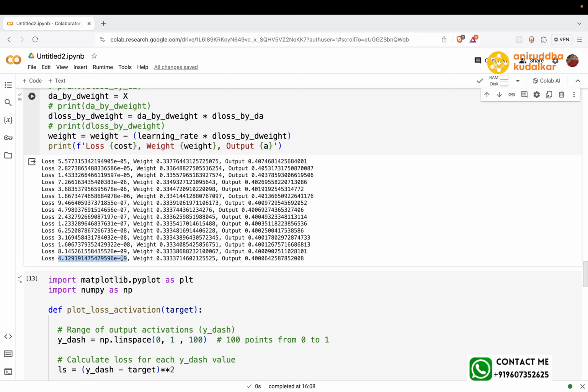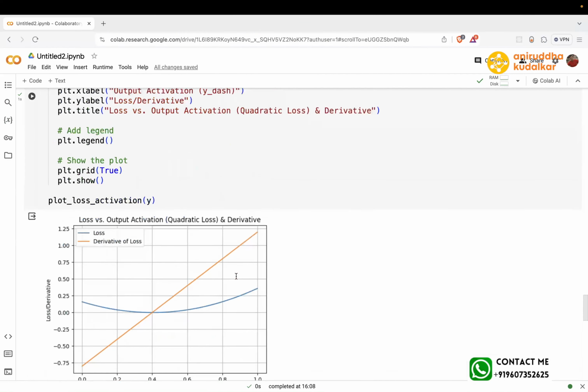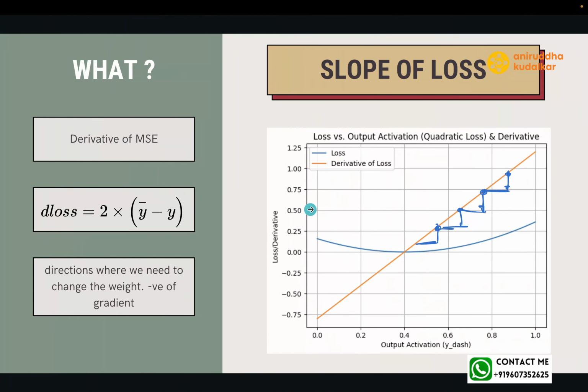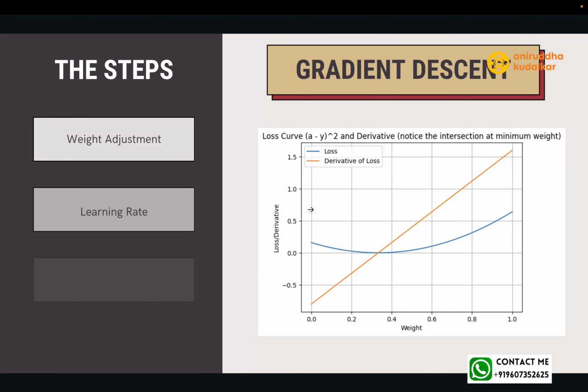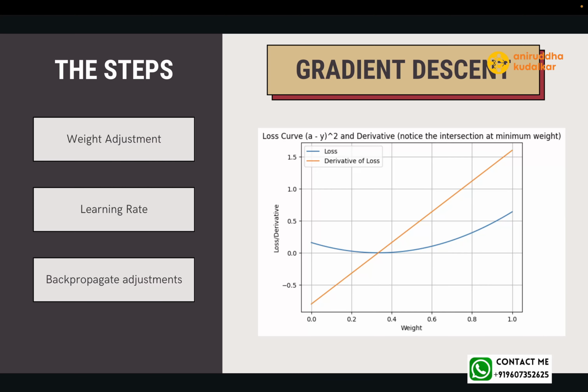Remember the e raised to, and you have reached the desired output 0.400, meaning that you have come down from this point to the minimum. And this process is called gradient descent. A few outputs I have written over here: gradient descent, weight adjustment, learning rate, and back propagation.